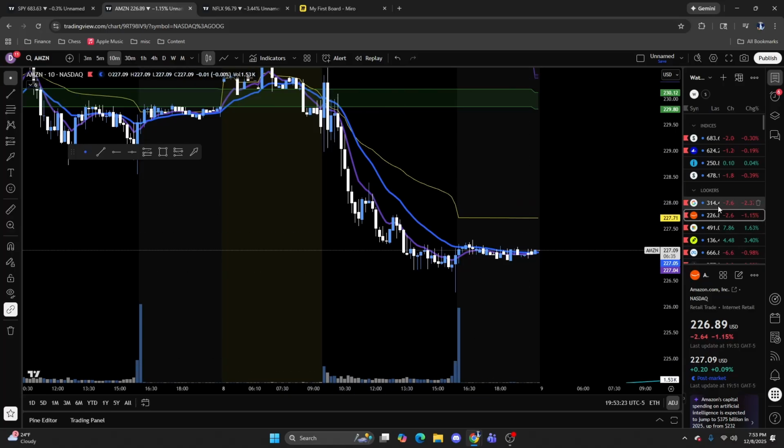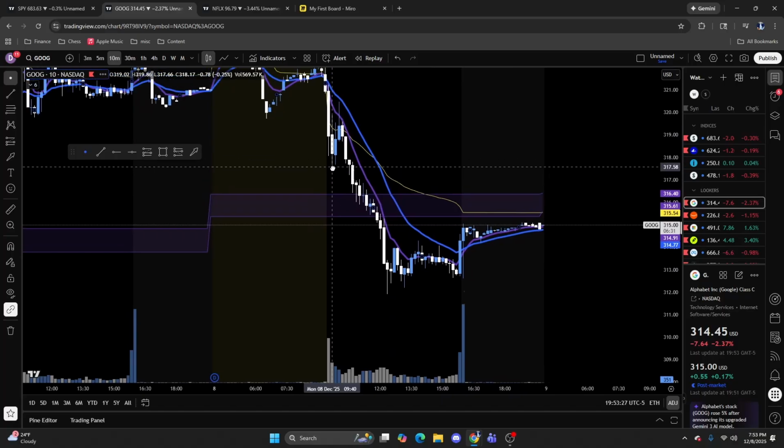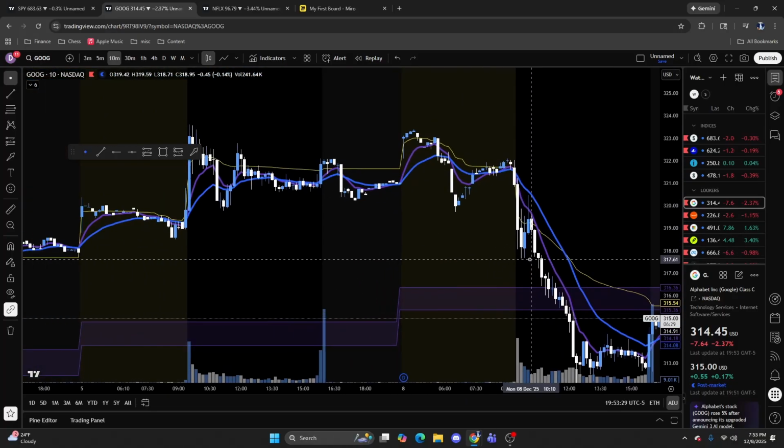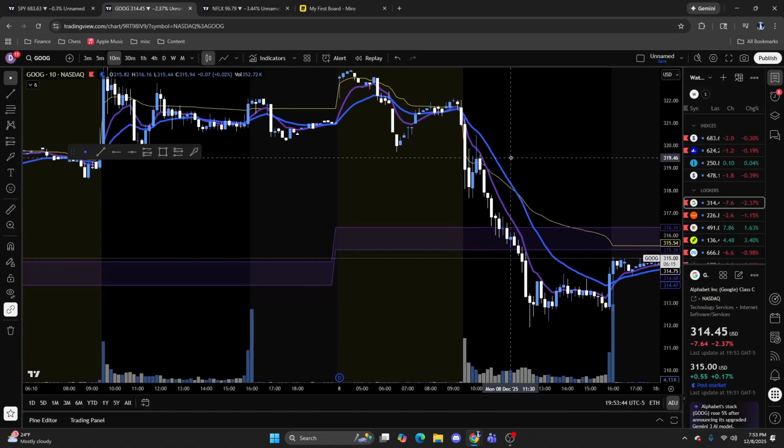Look at the volume. Google today. Look, even off open where the most volume is traded throughout the day, we can see this pullback was valid. It taps the 8 EMA, so it goes all the way up here and then comes back down because it respects this purple line. And then it starts dumping.